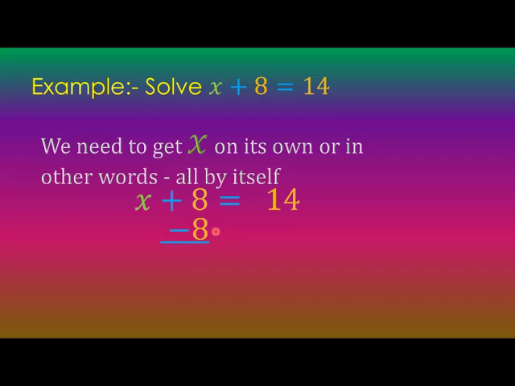What we do to one side of the equation, we must do to the other. So minus 8 on the left-hand side, we must minus 8 on the right-hand side. 8 take 8 is 0. 14 take 8 is 6. So the value of x equals 6.